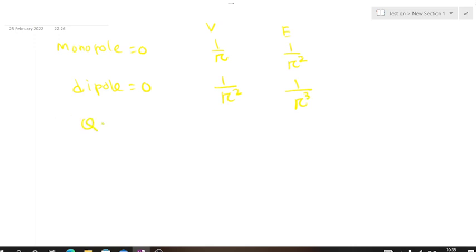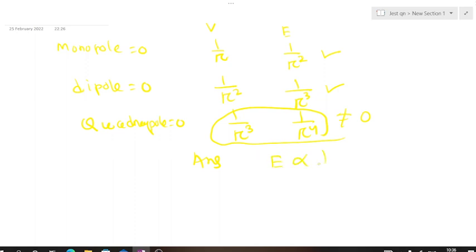If quadrupole, potential proportional to 1 by R cube and electric field proportional to 1 by R power 4. Here monopole is 0, dipole is 0, but quadrupole is not equal to 0. Your question is what is the electric field proportionality. So here the electric field is proportional to 1 by R power 4. Let us go to the next question.